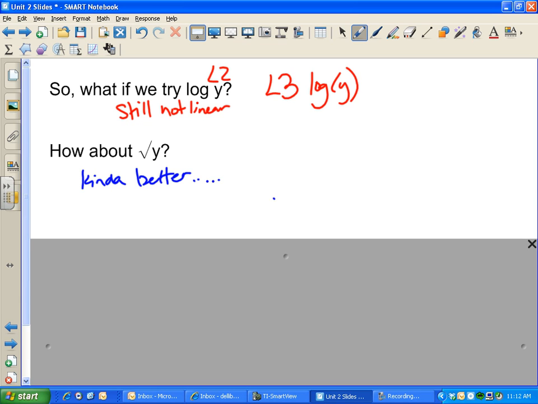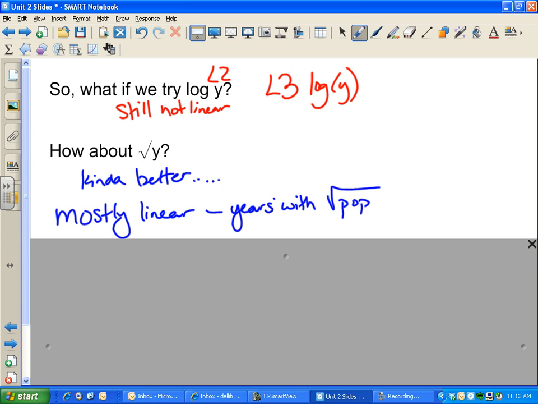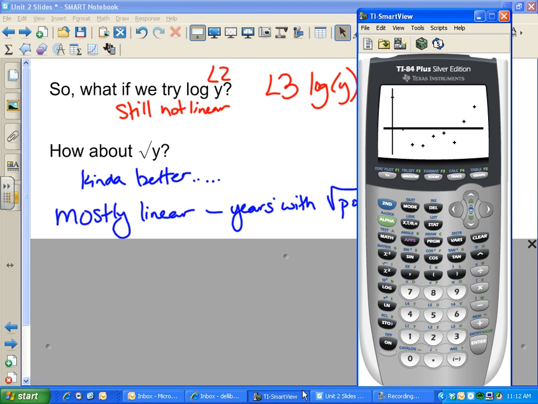So it was mostly linear. The scatter plot looked great. The residual plot was very questionable when I did the years with the square root of the population. And now I could go through and actually identify an equation. Let's go ahead and do that real quickly. If I quit this, I still have my linreg on the screen.